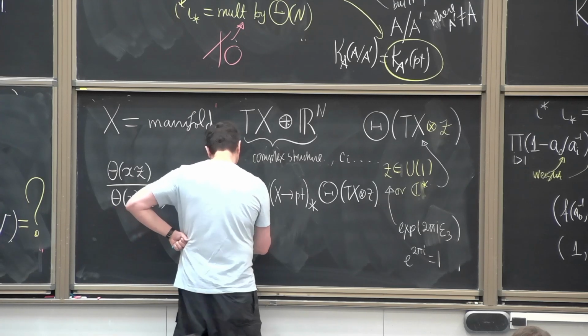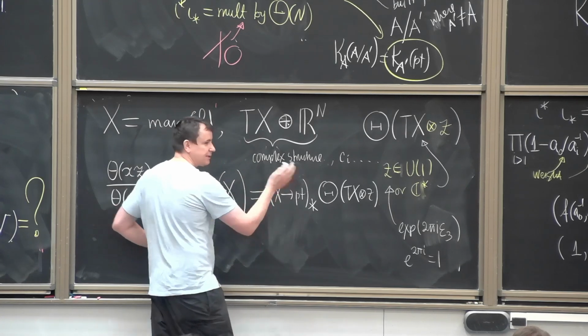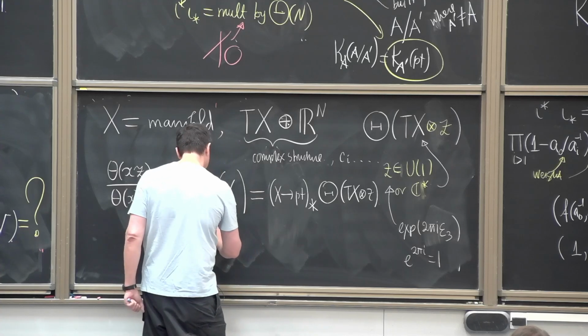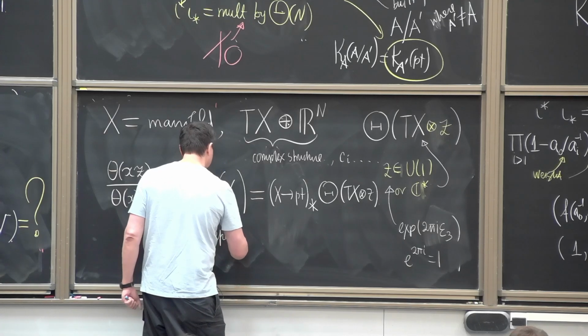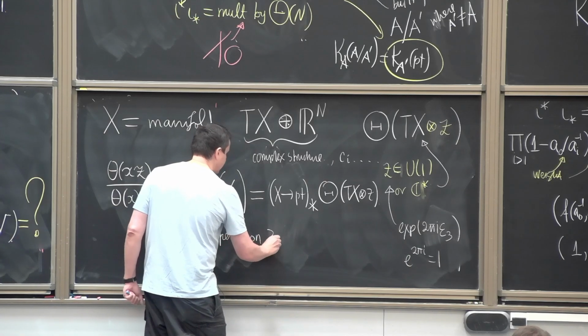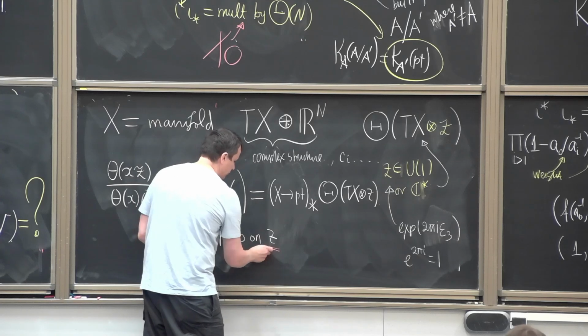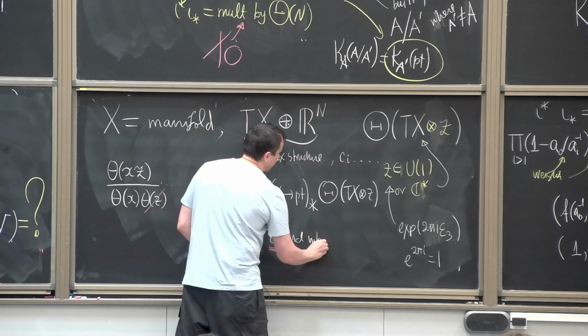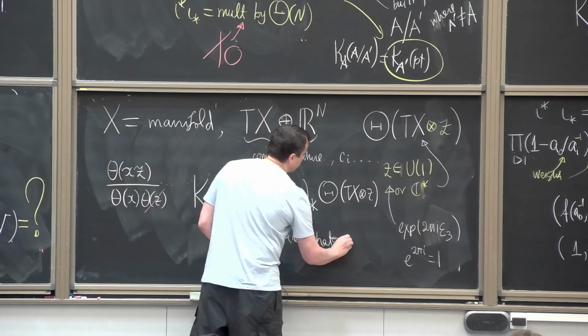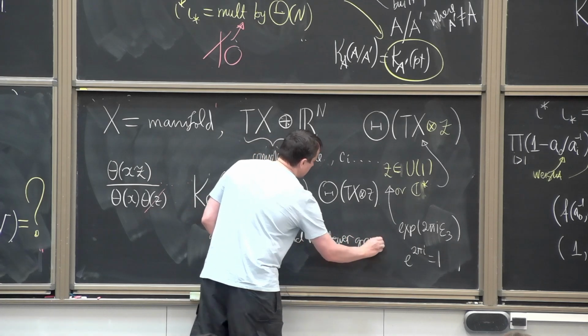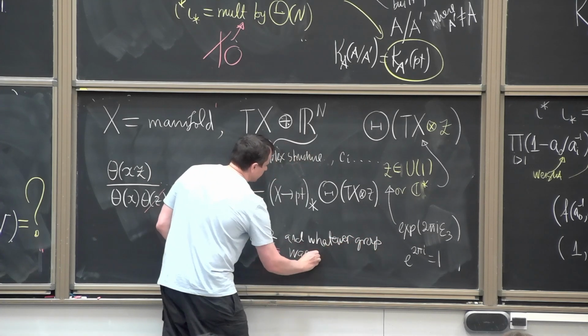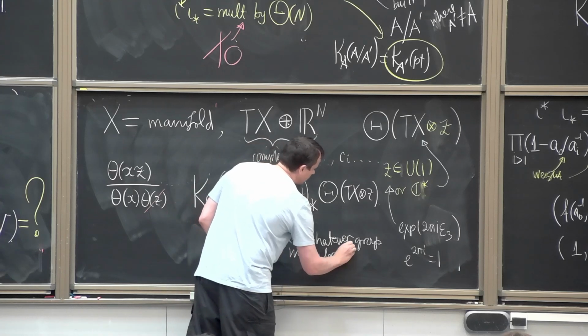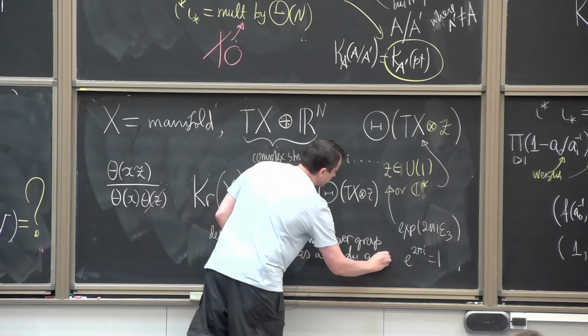Well, we will discuss where this lives. So it depends on z and this new one variable, and whatever was already acting on X.